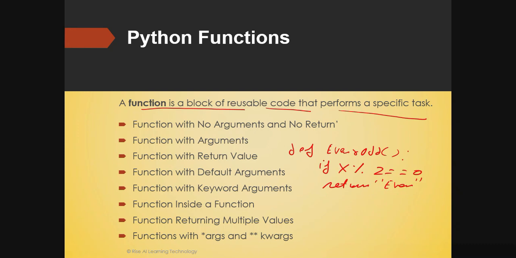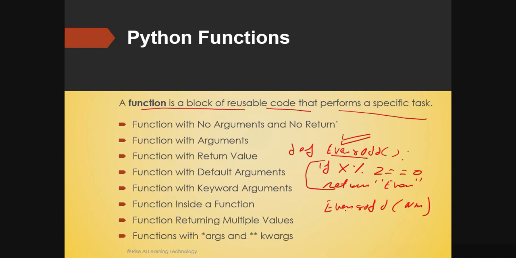So these two statements I wrote here, just for example. If I want to use this particular functionality, I need to write these two lines of code again and again wherever I want to call this even or odd method. To avoid this, to make the code reusable, you define a function, and you can call that function wherever you want to use it, and you can pass the number to it.